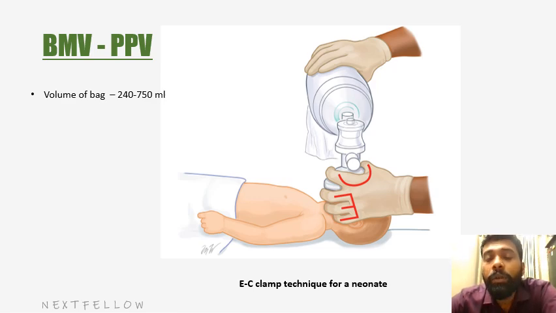Then, instead of going to the next step, you check for corrective steps: mask readjustment, repositioning of the head, suctioning of the airway, opening of the child's mouth, increasing the positive pressure ventilation pressure, and planning for an alternative airway.